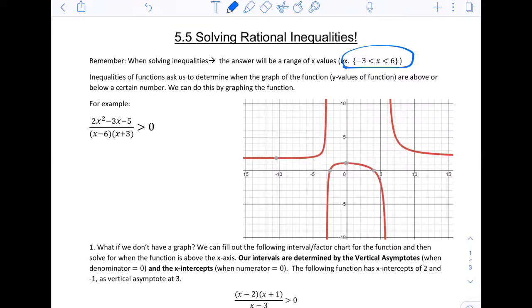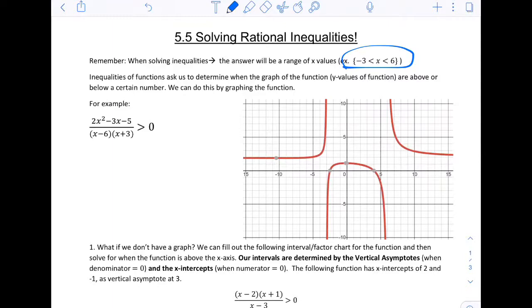So that means that numbers that would be included in the span would be all the numbers up to -3 but not including -3 because it's not less than or equal to. So like -2.99999 would be included, as well as a number like 5.99999 would also be included, but not -3 and not 6. Every number in between that.